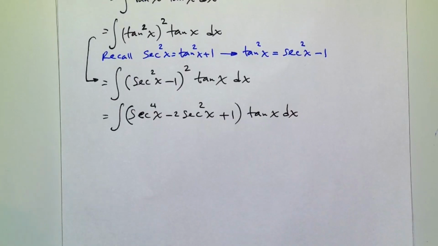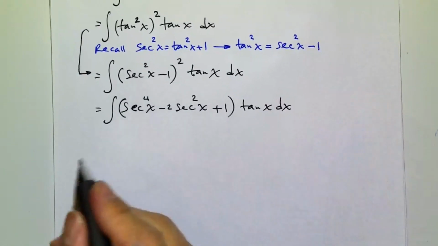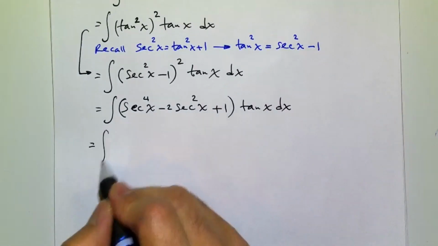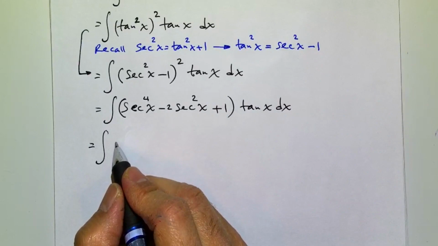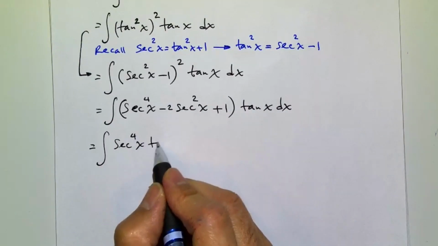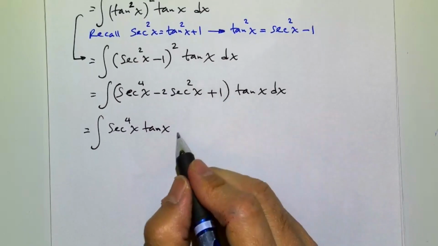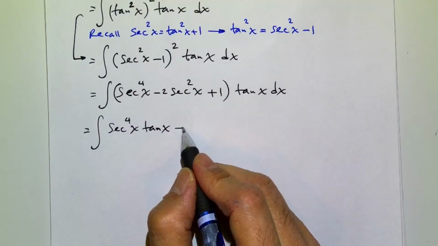Okay, so let's distribute the tangent x then. So what do we get? We get secant to the 4th power x times tangent of x minus 2.